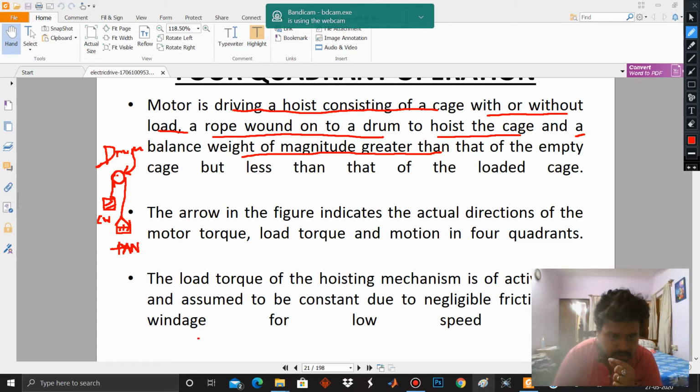So the assumption is the weight of the CW or the counterweight is greater than the weight of the empty cage, but the weight of the counterweight is less than the weight of the loaded cage.